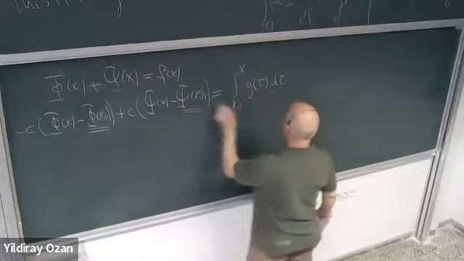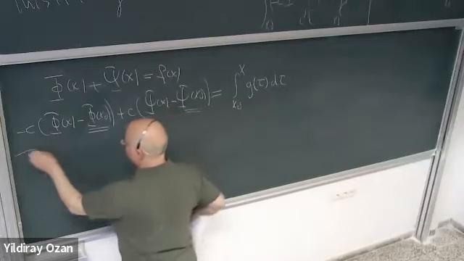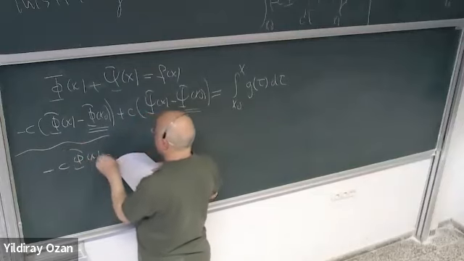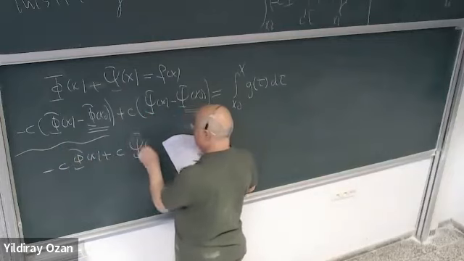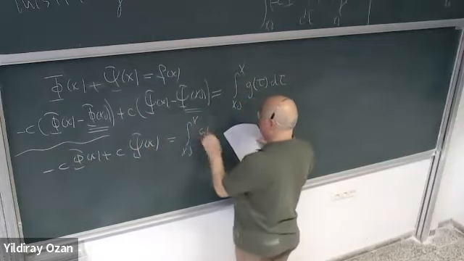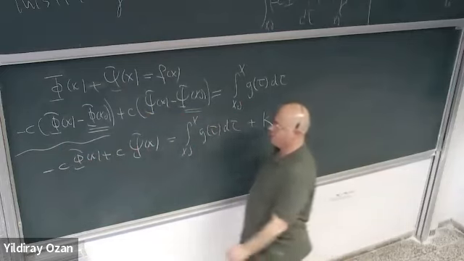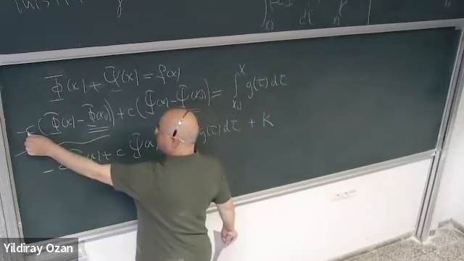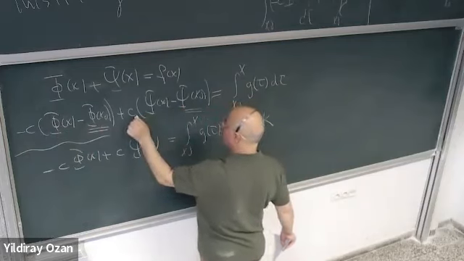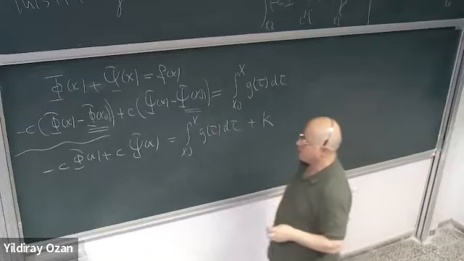Bu constant'ların hepsini şuraya atalım. So let me write this minus c times phi x plus c times psi x equals integral x0 to x g tau d tau plus k. So k is what? K is just minus c times this number plus c times this number. You just take it to this side.